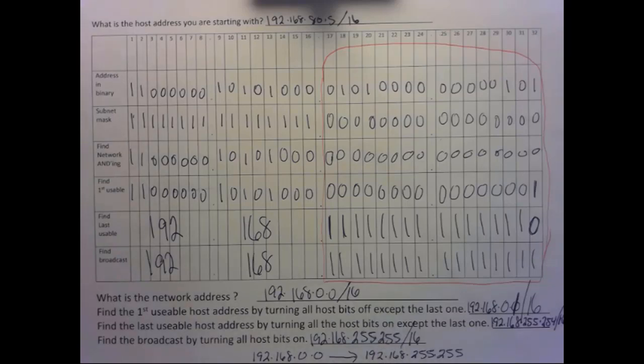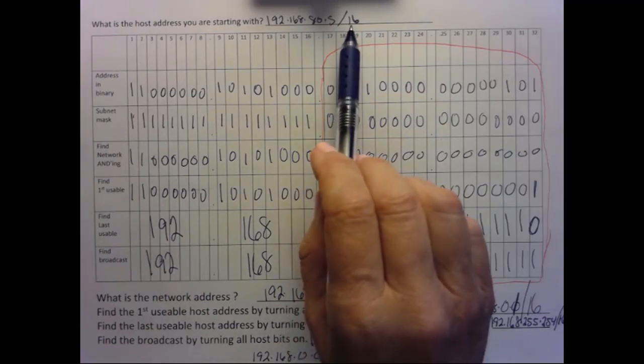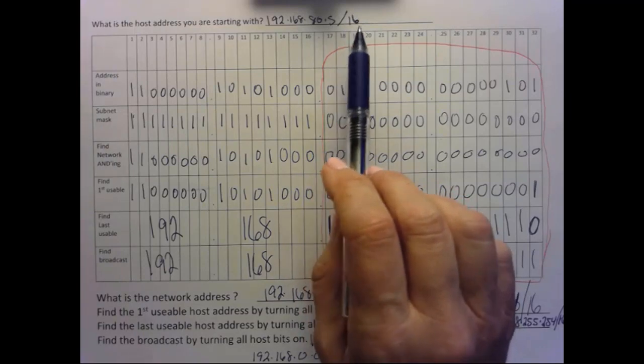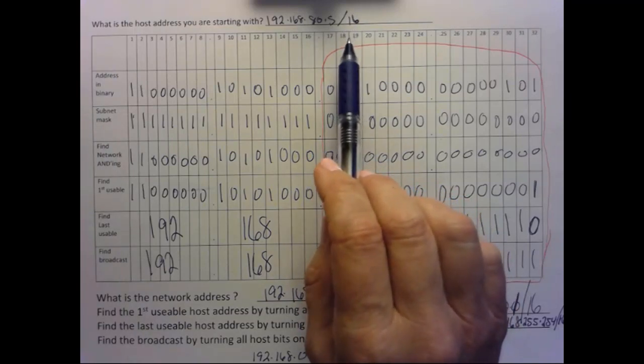Okay? So now let's do another example, because what I find is sometimes students get overly comfortable thinking, oh, it's always going to end in a 255. Well, that's not the case. The two examples we've done so far have been subnet masks that ended on the octet boundary, a 16 or a 24.